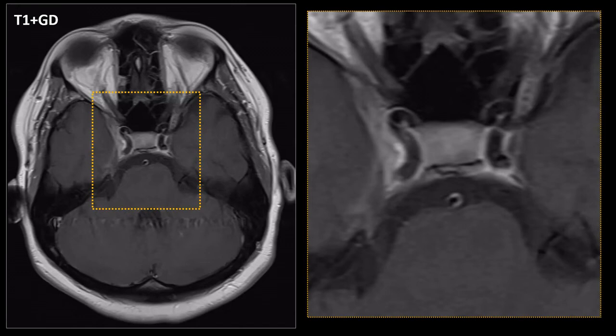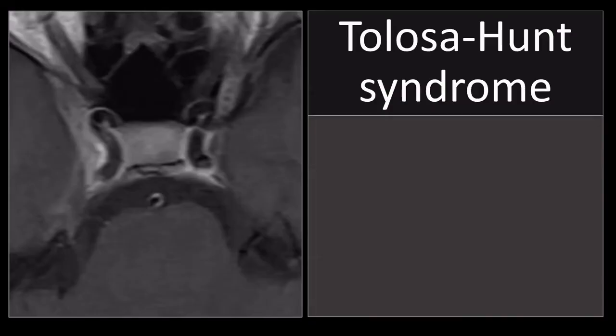The fact that it is painful is more suggestive of a rather acute or quickly developing lesion, possibly an inflammatory lesion, and this was a patient with a so-called Tolosa Hunt syndrome. The Tolosa Hunt syndrome can be compared to the idiopathic orbital inflammation. It is an idiopathic inflammatory disorder that responds well to steroids, but involves the cavernous sinus and/or the orbital apex.